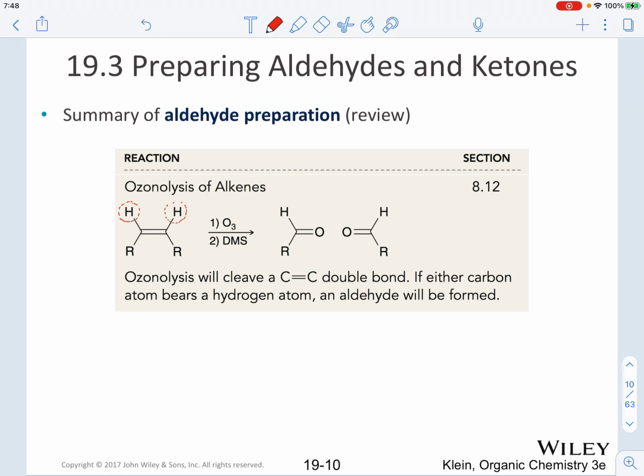So when ozonolysis proceeds, we will be able to form then the aldehyde motifs. As you can see, I circle those areas in red.